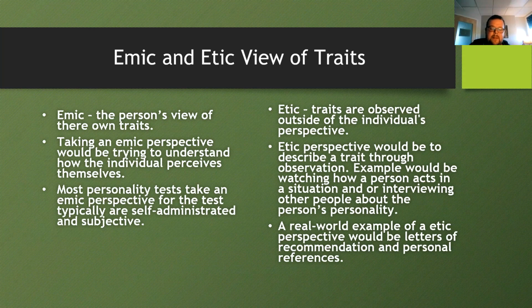In addition to that, for theories of personality, trait theory typically takes an etic perspective. It means we're observing someone else's behavior for the most part. Now, we'll get into theories where there's going to be more of an emic perspective, really trying to understand someone's perspective or sense of the world.